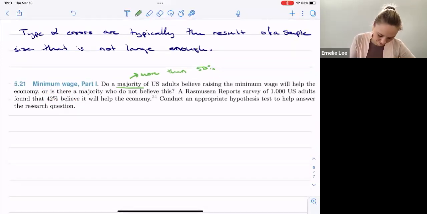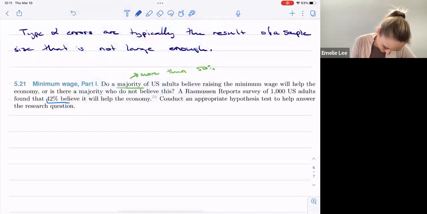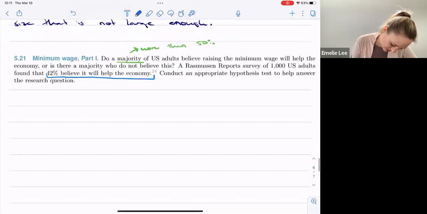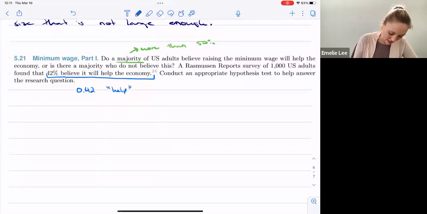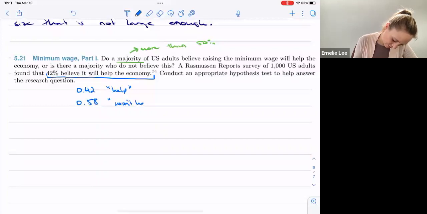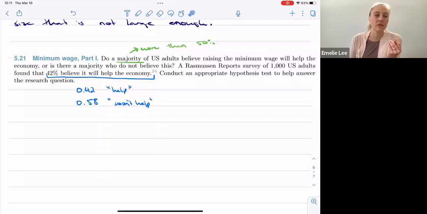So here, 0.42 think that it will help the economy, and 0.58 believe that it won't help. Presumably. So now if we're trying to prove a majority, then I can use 0.58. Is 0.58 significantly more than 0.5? Right, that would be my question.